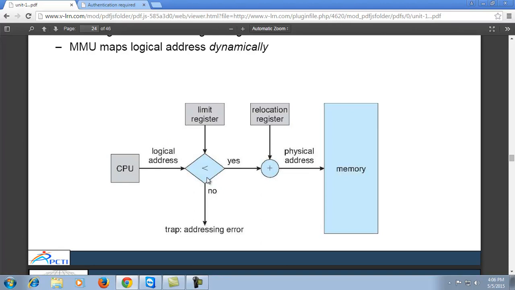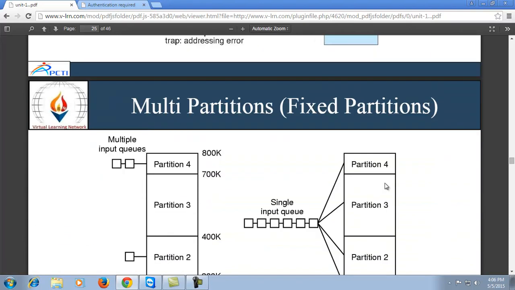If the logical address is inside the limits, then we can allow it to access the relocation register. Then the relocation value is added to it and we have the actual physical address inside the memory, which is the data address of memory.